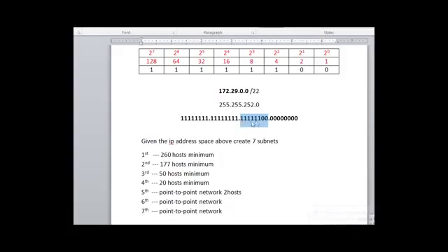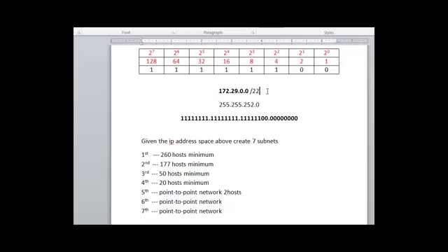You can see here 111111 and then 00. So I've taken this octet and placed it up here on my binary place values chart, and you can see here 6 ones, 2 zeros, and this last one is in the 4's place. That means that the magic number is 4. And if the magic number is 4, that means the networks go up by 4.